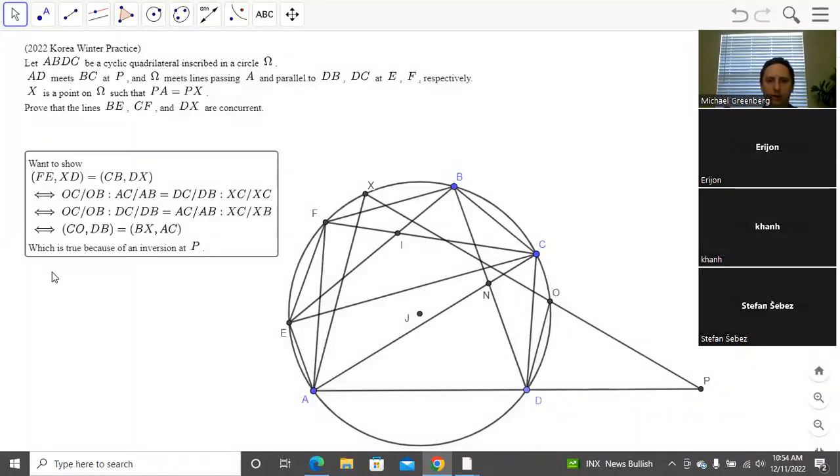So how did you get this is equal to this? Wait, let me just check my calculation.